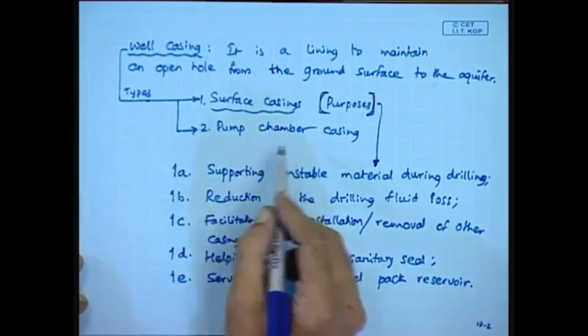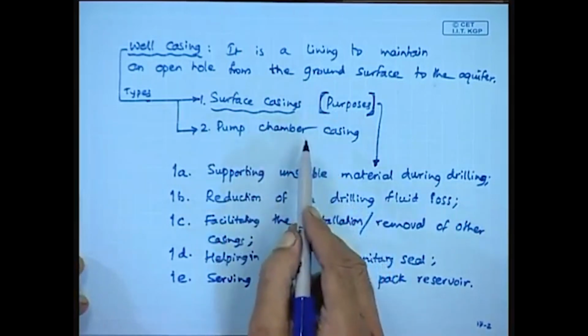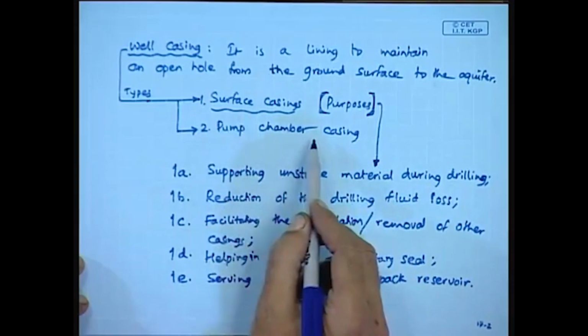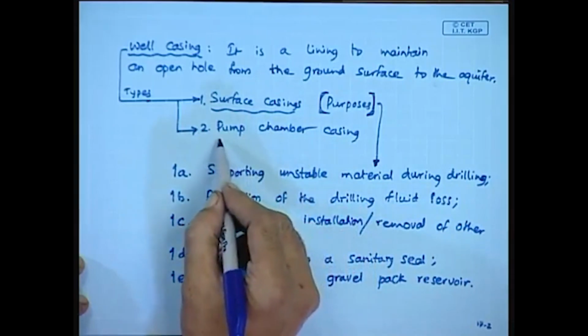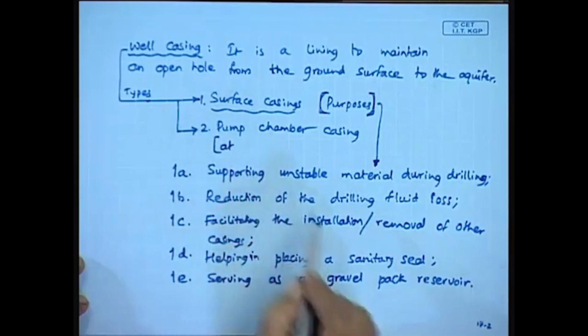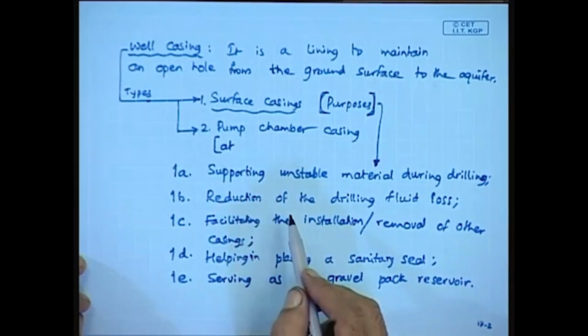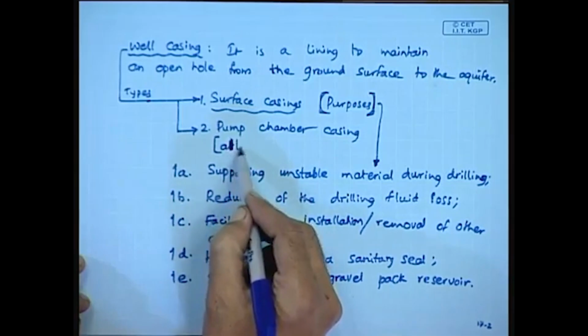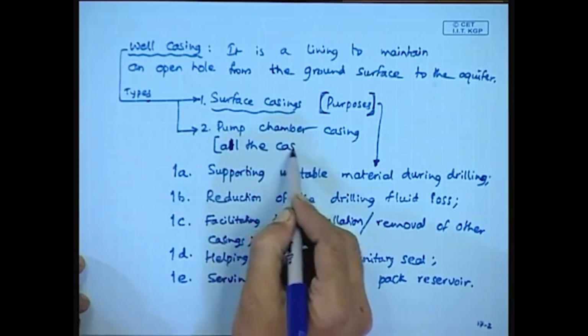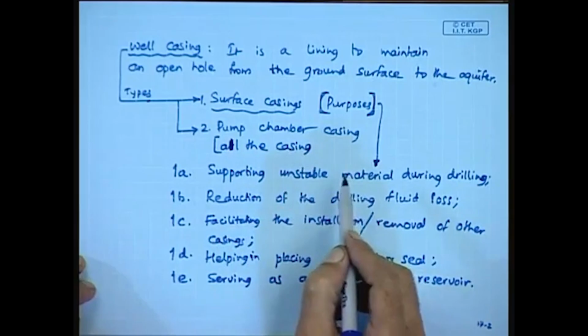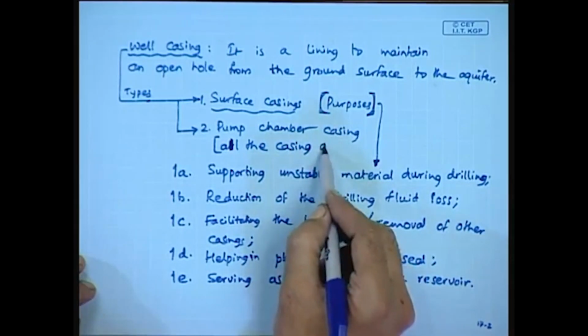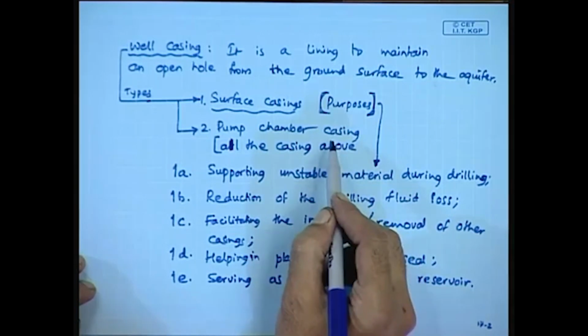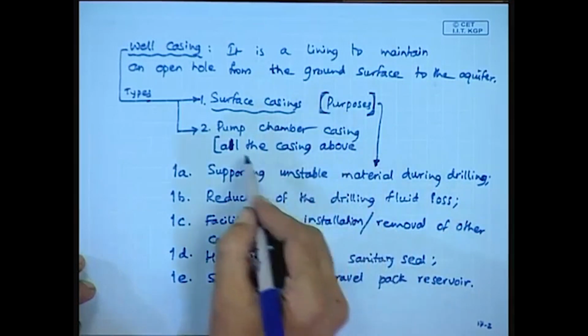Whereas this surface casing is at the surface level, the pump chamber casing is all the casing above the well screen.